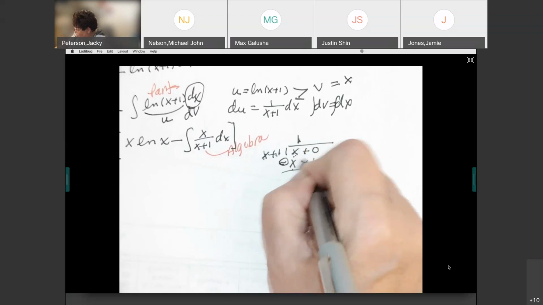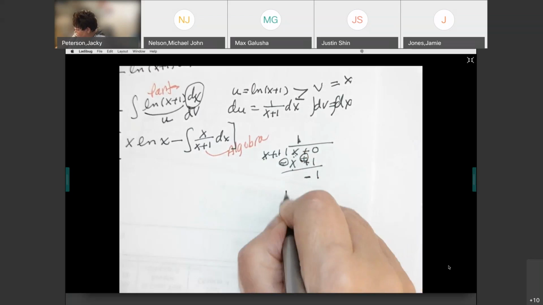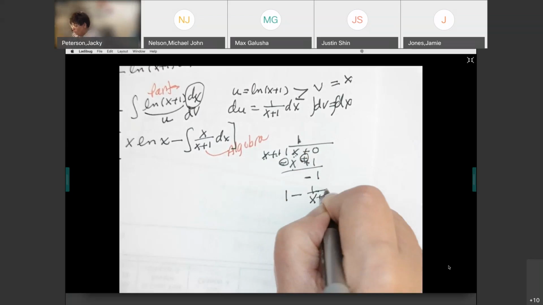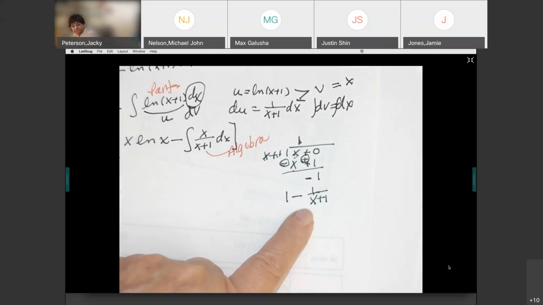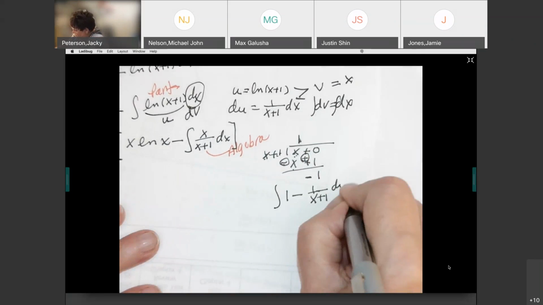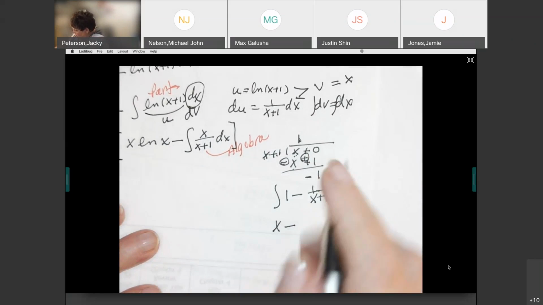Then you subtract, which changes the sign. I get a minus 1. This is 1 minus 1 over x plus 1. And just notice now that's integrable. Because if I integrate this guy now, this is x. This is the natural log.